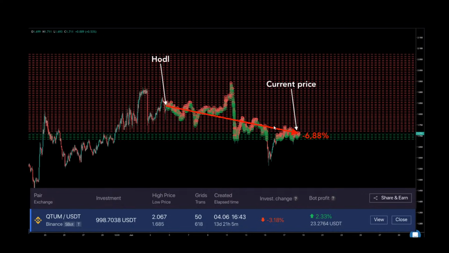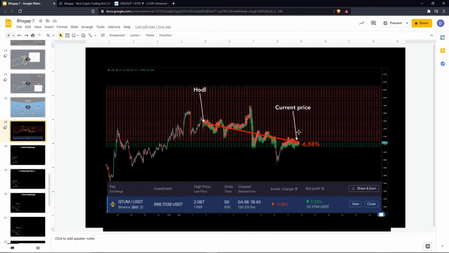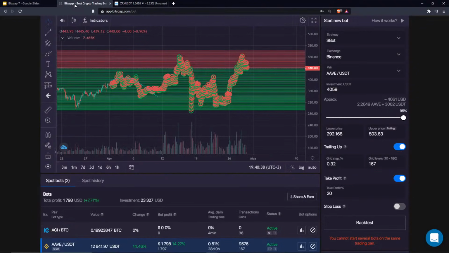Okay, so that as soon as the market reverts and goes higher, it will quickly generate returns to cover this minus 3% investment change, and you will quickly enter in the profit area in any case.